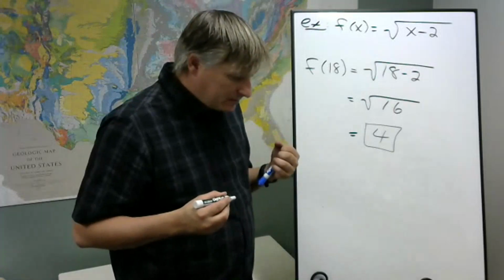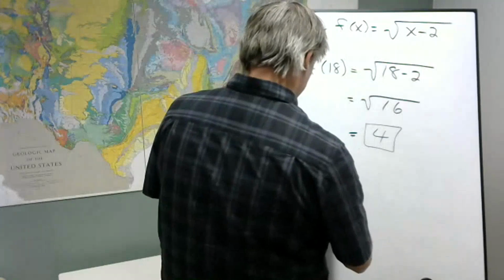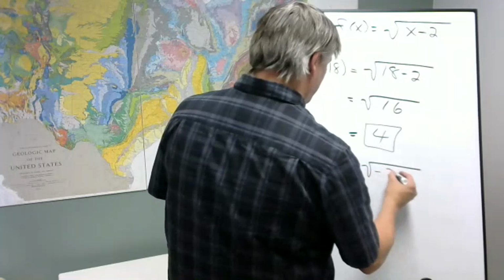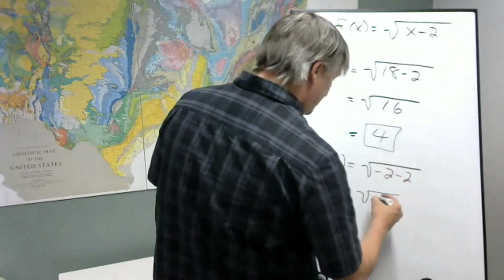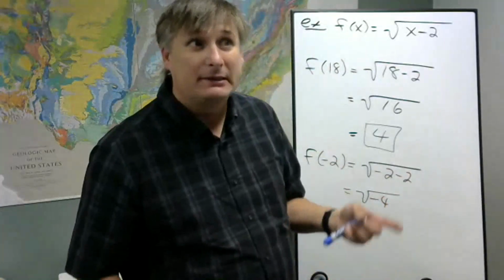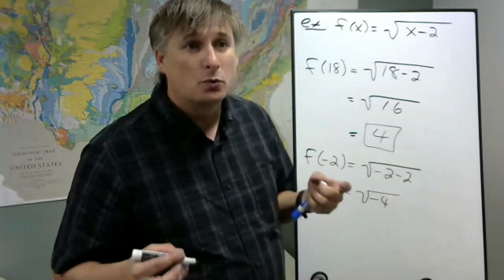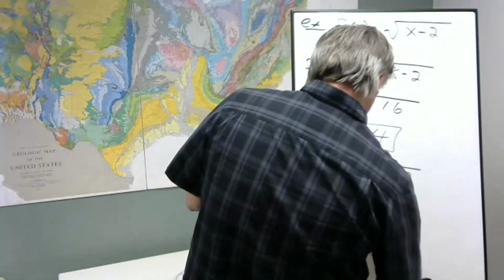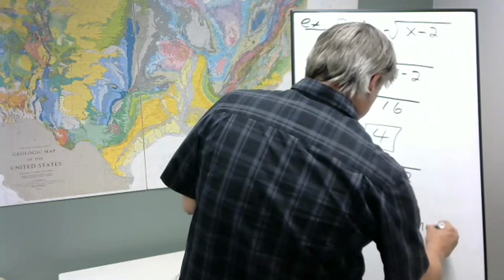Let's do one more. Let's say we did f of negative 2. So replace x with negative 2. Negative 2 minus 2 is negative 4, but we can't take the square root yet of negative numbers. So this has no real solution, or not a real number.